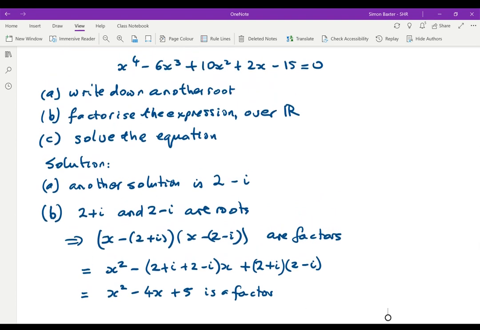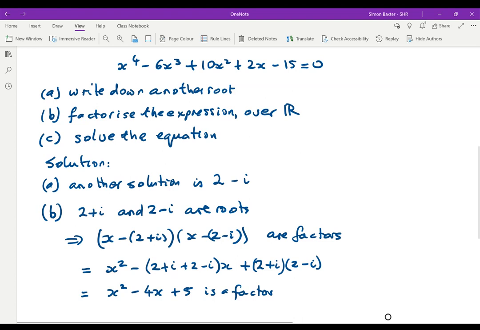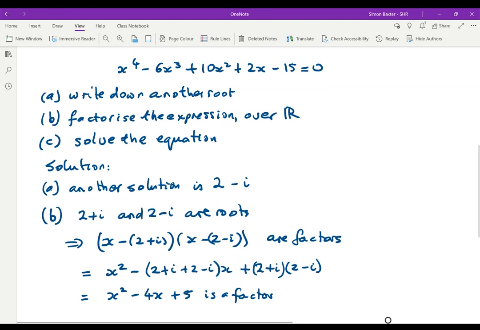To find any more factors, we need to divide x to the fourth minus 6x cubed plus 10x squared plus 2x minus 15 by x squared minus 4x plus 5.